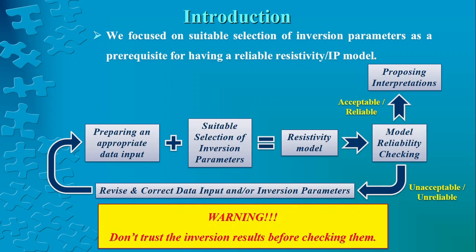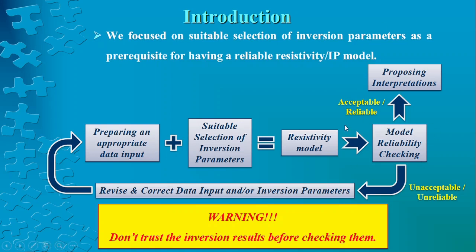We focused on suitable selection of inversion parameters as a prerequisite for having a reliable resistivity or IP model, and we have discussed that after having the resistivity model we're going to face the question: is our model reliable and acceptable or not?